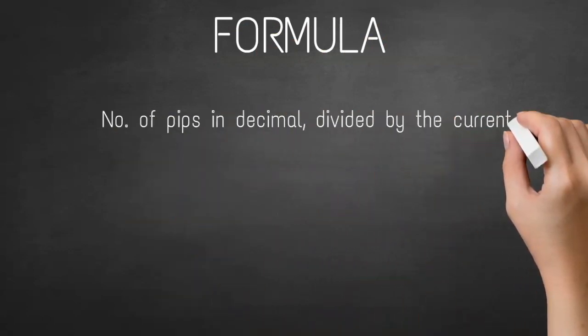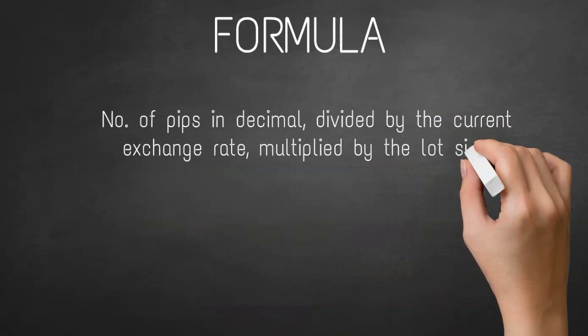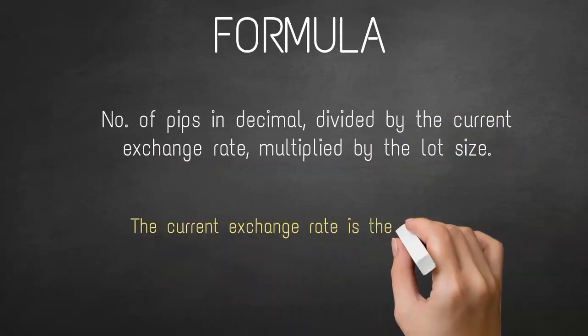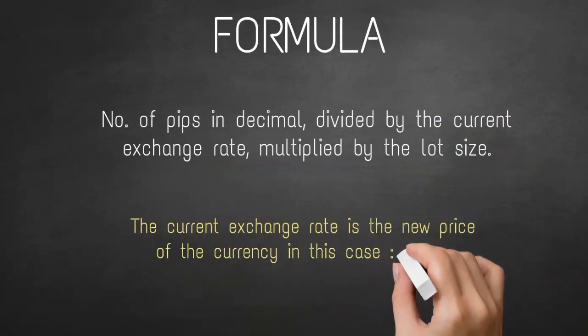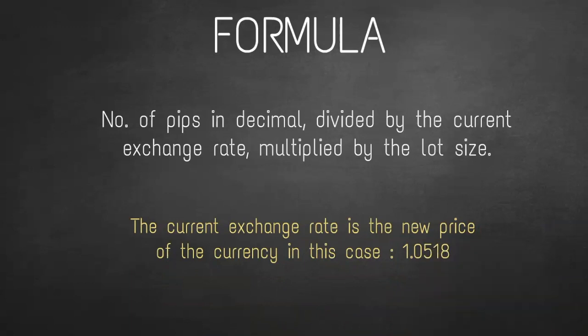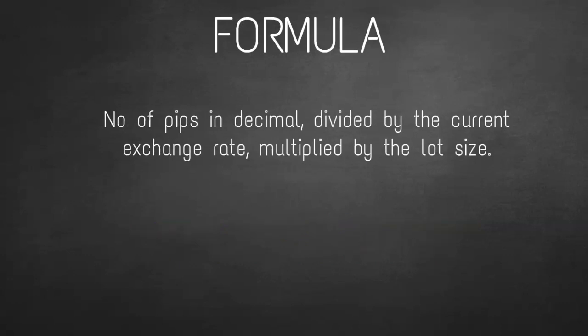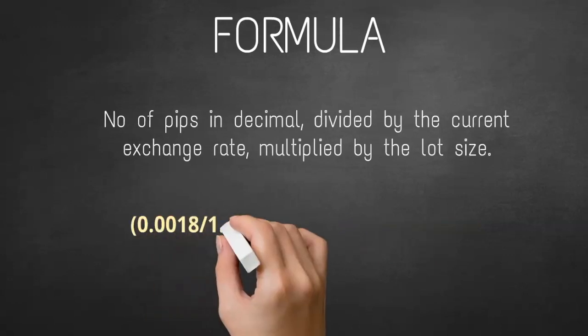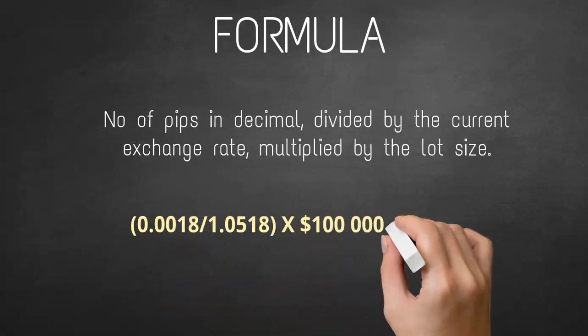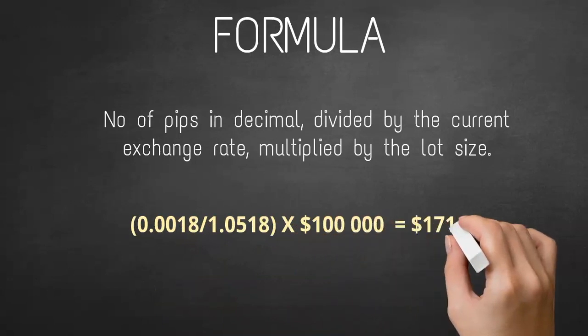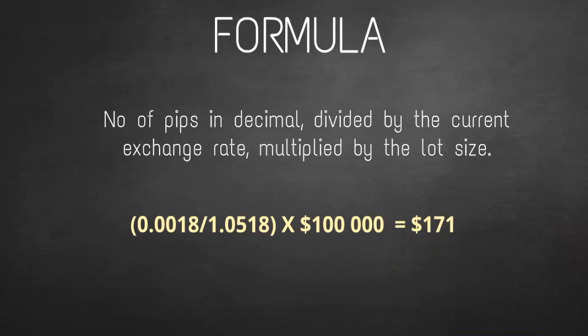Remember to use the formula we learned in the previous slide. So the monetary value of our pips is $171.